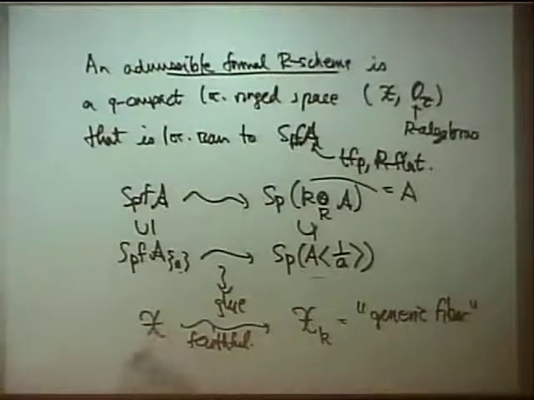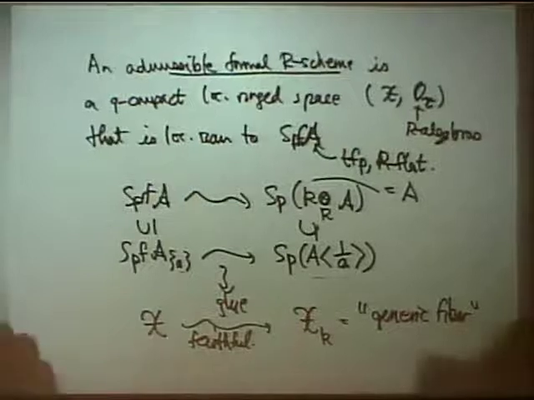Meaning, maps of such formal schemes are uniquely determined by what happens on the corresponding rigid space. Okay? And now you can ask, what kinds of rigid spaces do you get in this way? And can you reduce questions here to questions about this? And that's what I'll end with.